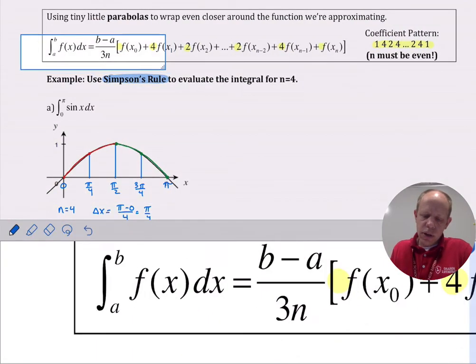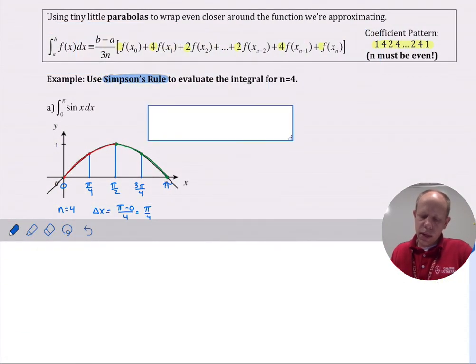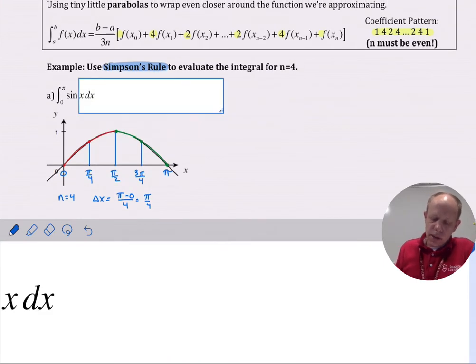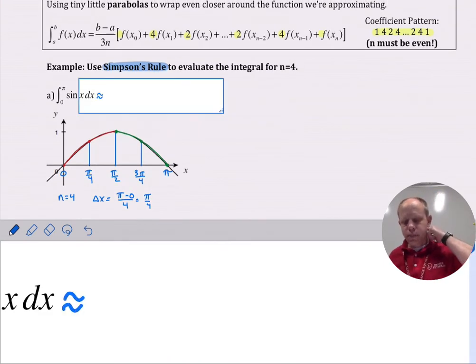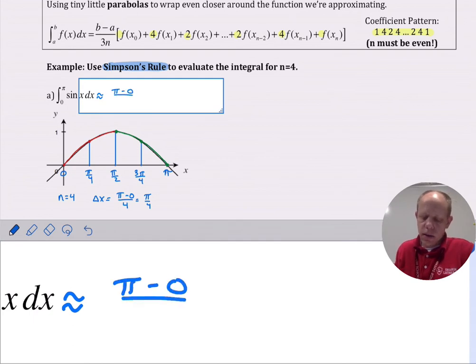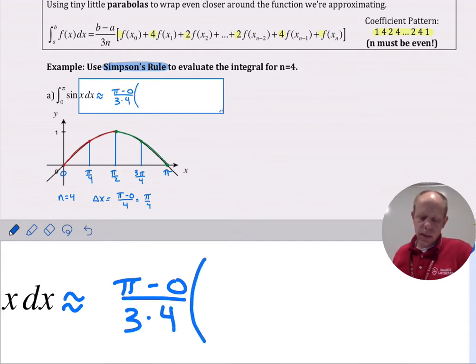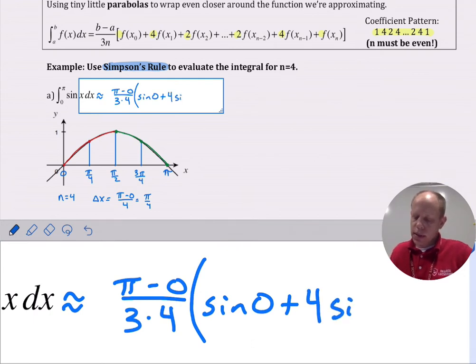Now we're going to use this formula right here to calculate an approximation for the definite integral. We're going to have b minus a over 3n, so 3 times 4. We're only going to have one of the very first ones, so that's just the sine of 0. Then we're going to have 4 of the next one, so 4 times sine of pi over 4.